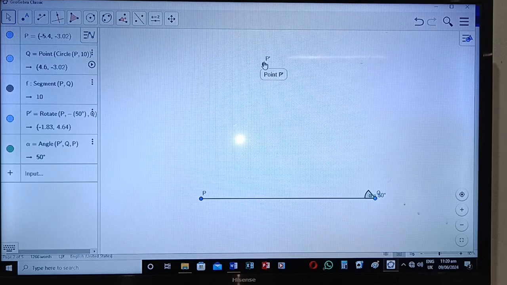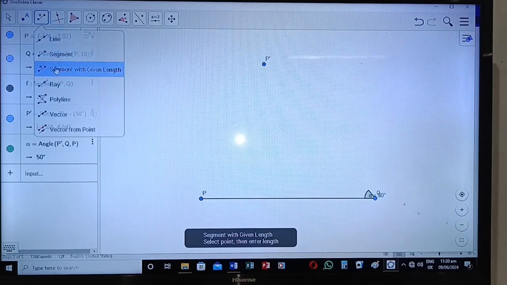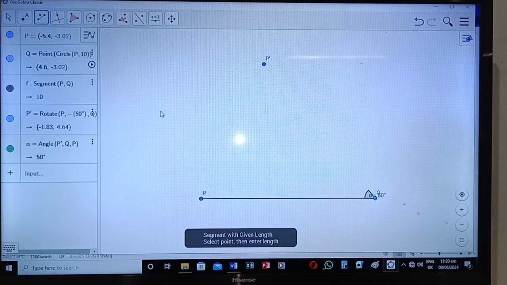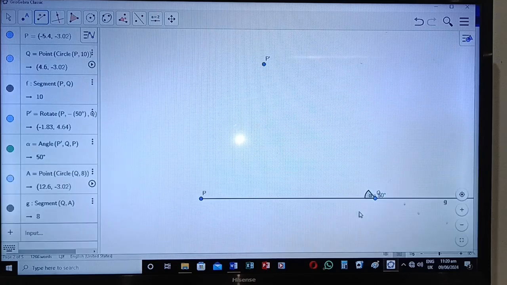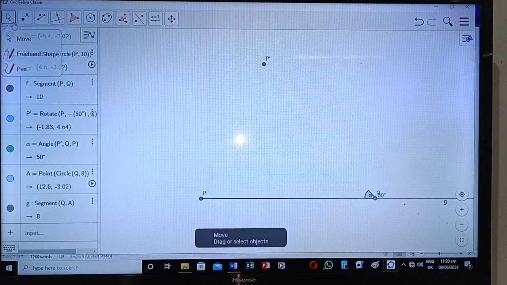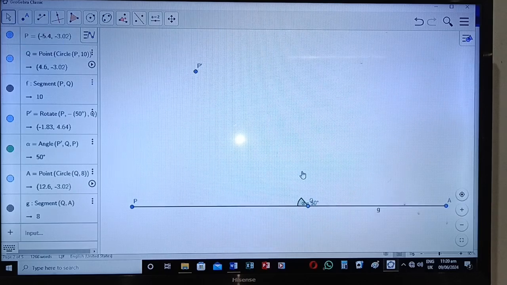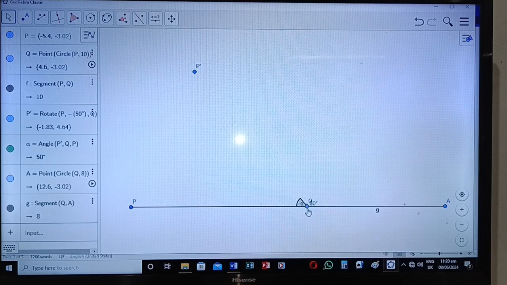That one will be changed to R. So again, we come here and say segment with given length, choose our start point, the length is 8 centimeters, and we say OK. We are given that the line is from here to here.